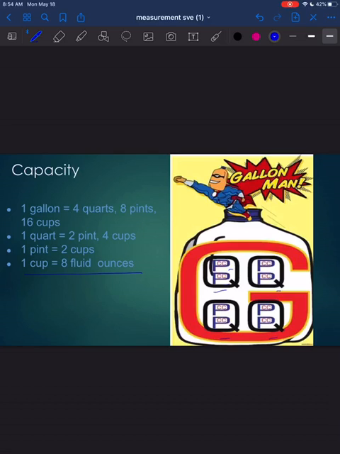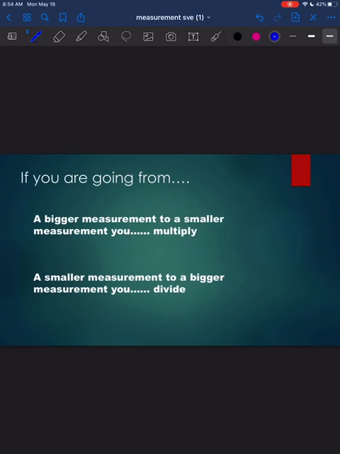All right, now we're going to use that information to answer some questions. So one of the things you need to know is, although I know the measurements, how do I actually convert them? Well, if you're going from a bigger measurement like a gallon to a smaller measurement like a cup, you are going to multiply, because you're going to get more smaller units out of a bigger unit.